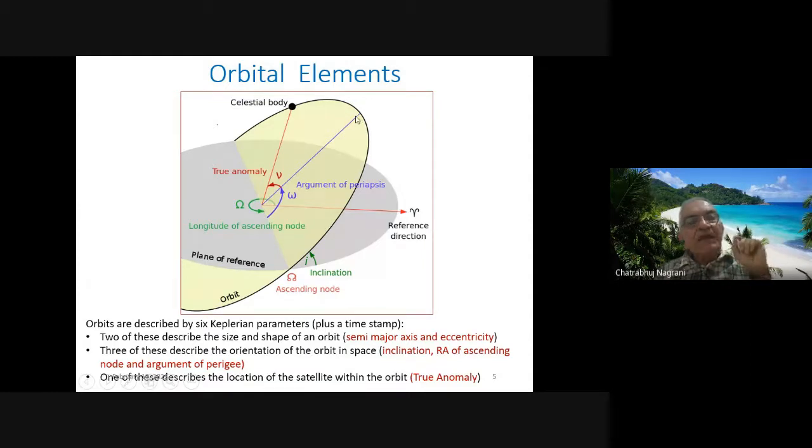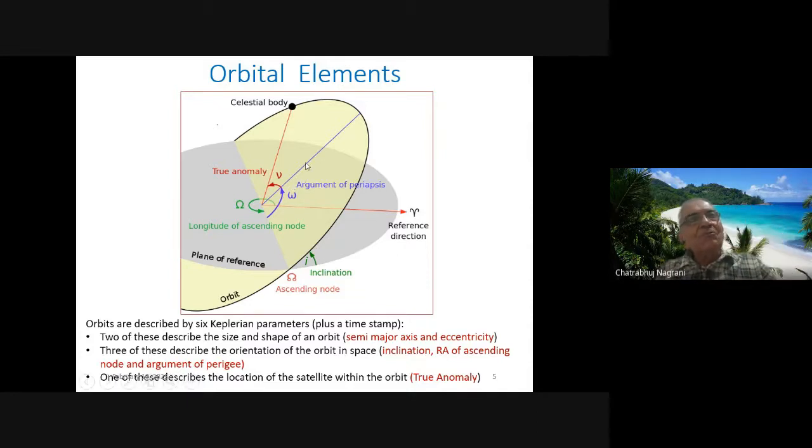That means where the perigee will be with respect to the line joining the ascending node and descending node, and that angle you measure in the orbital plane. So that is my argument of perigee. So now I have fixed the ellipse. I have defined the ellipse, I have defined the plane in which I am keeping the ellipse, and I have fixed the ellipse in the plane. So these three things have happened.